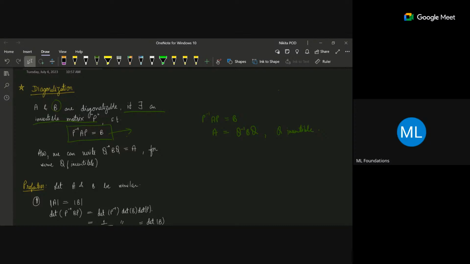If the eigenvalues are the same, we can say their determinant will be the same, their traces will be the same, and so on. So it simplifies a lot, at least in calculation.